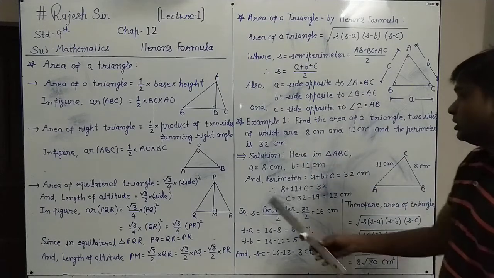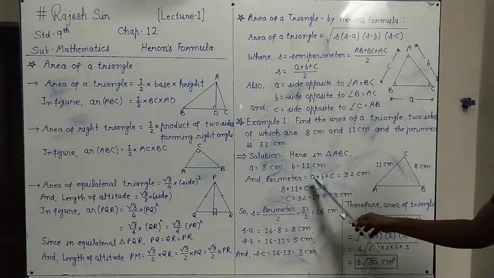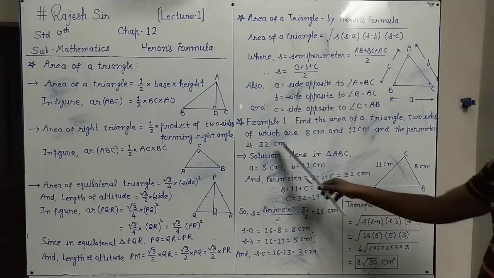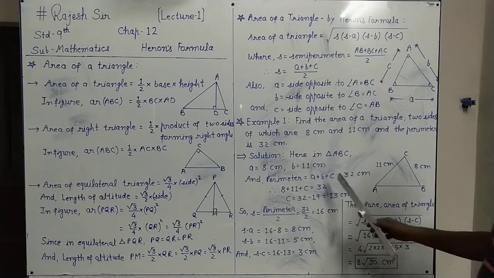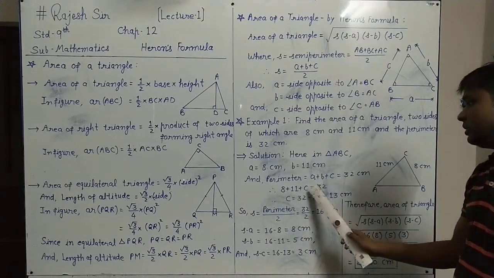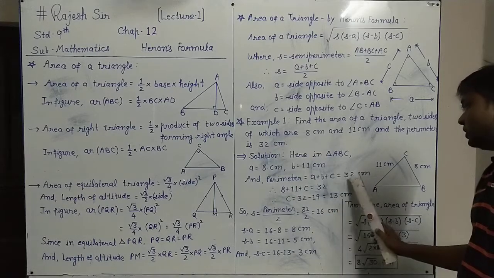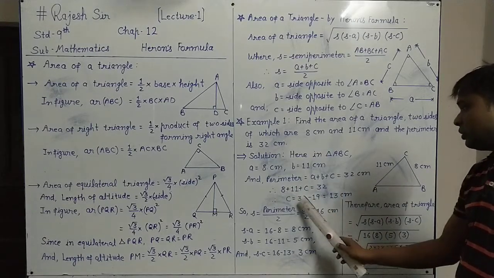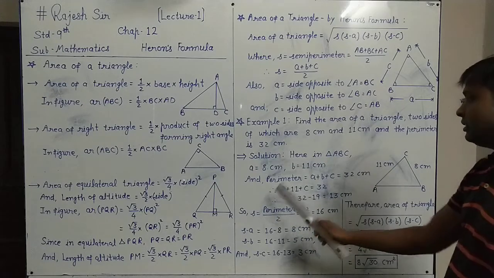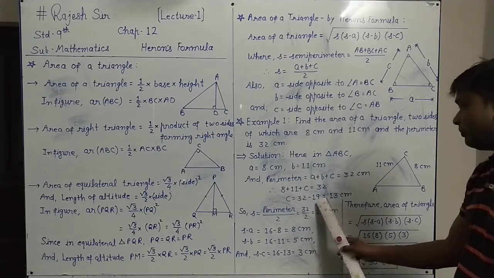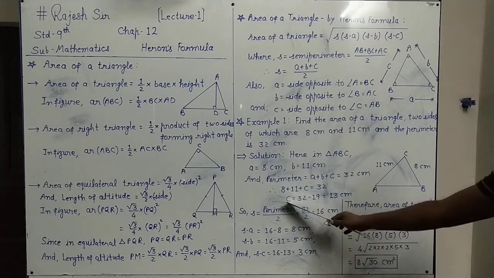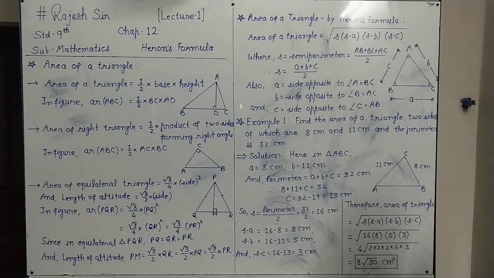The perimeter, all three sides' sum, a plus b plus c, equals 32 cm. Placing the values: 8 plus 11 plus c equals 32. So c equals 32 minus 19, which is 13 cm. So the third side c is 13 cm.